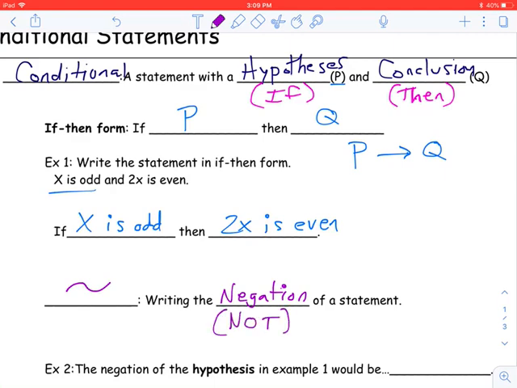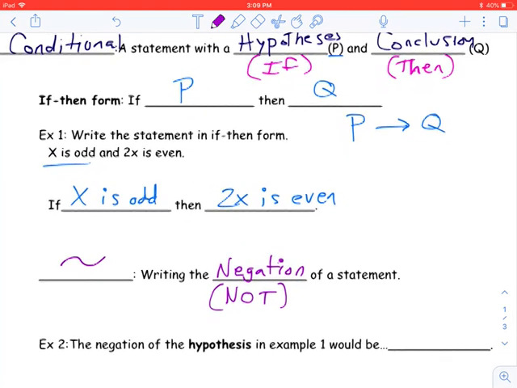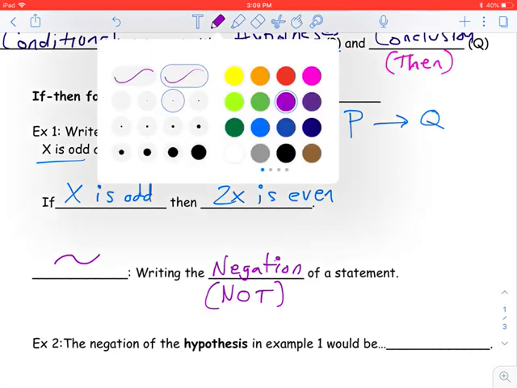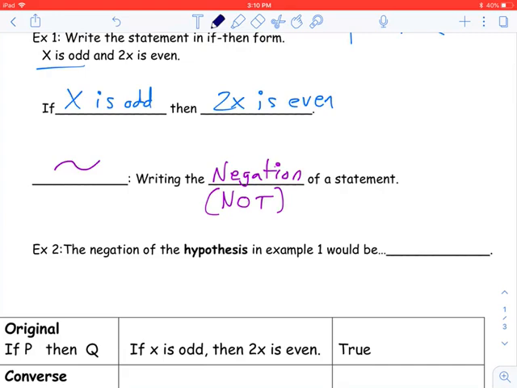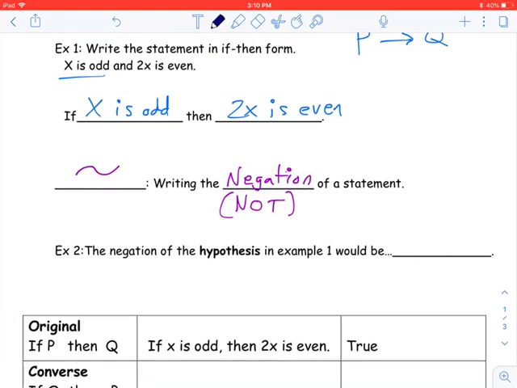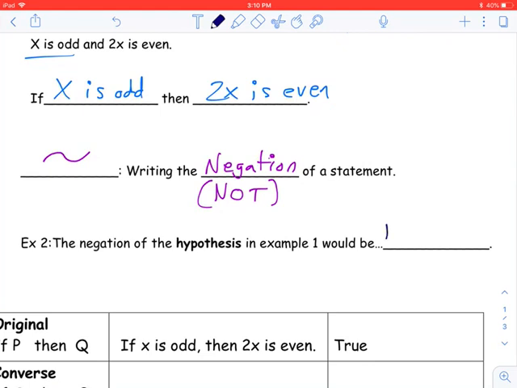Like if x is not odd, then 2x is not even. Okay? So let's look at a couple examples here. Oh, and right here, the negation of the hypothesis in example 1 would be if x is not odd. Okay, so you just make it a not instead of is not odd.